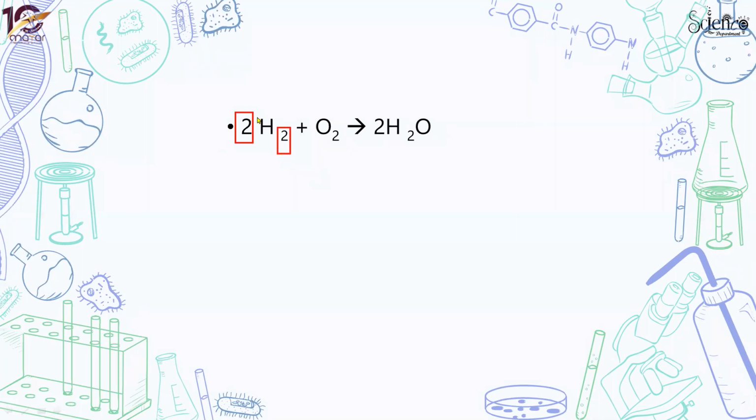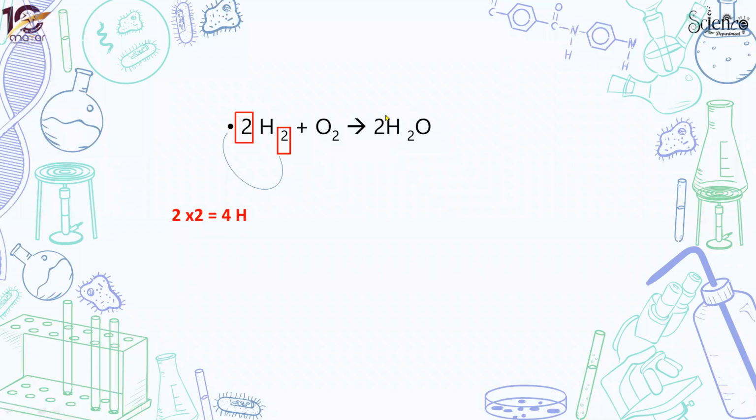These 2 numbers are for hydrogen. So if I want to know how many atoms of hydrogen, and folks, I'm saying atoms, I'm going to multiply these 2 numbers. So 2 times 2, it means we have 4 hydrogen atoms, okay?